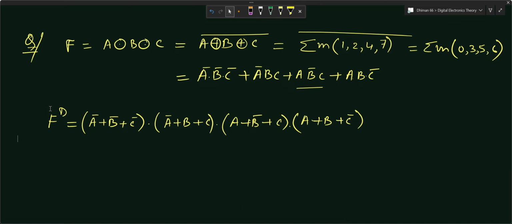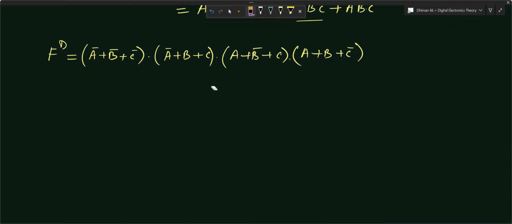Now let us simplify this. Again we have to use the distribution theorem. Directly I am writing here A bar plus B bar plus C bar multiplied with B plus C, using the distribution theorem.